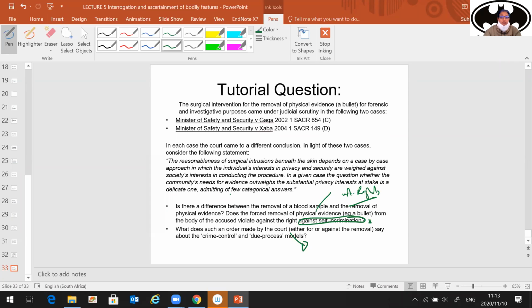When the places that can be searched are referred to, they talk about places and premises, and I don't know that a human body fits that description, even a dictionary description. So it's very important that you have a look at that so that you can get a meaningful understanding of what's going on here.